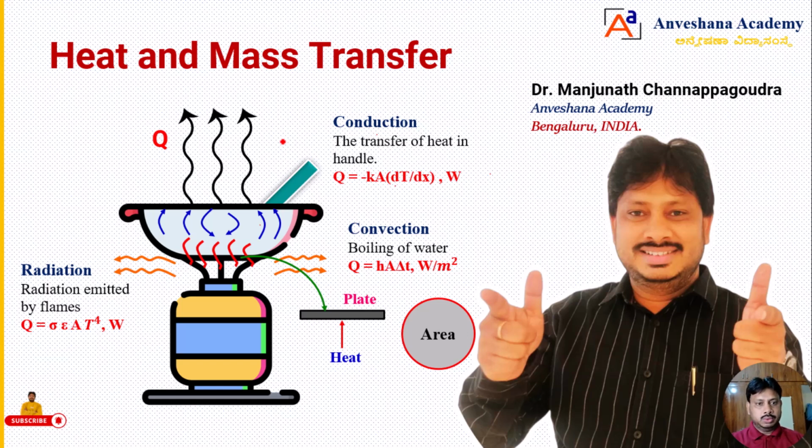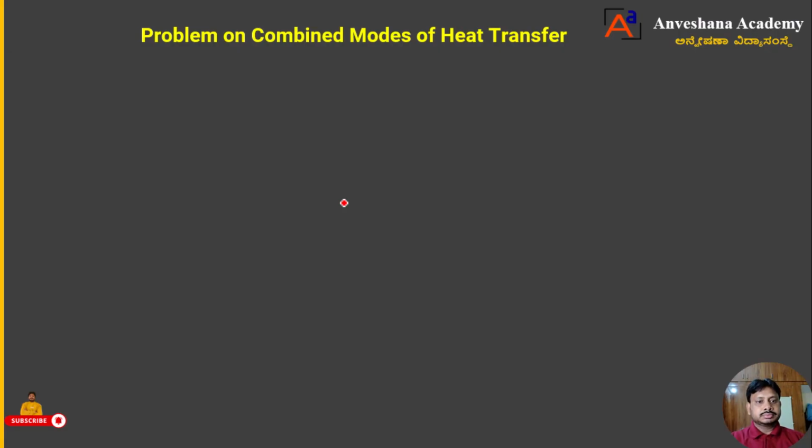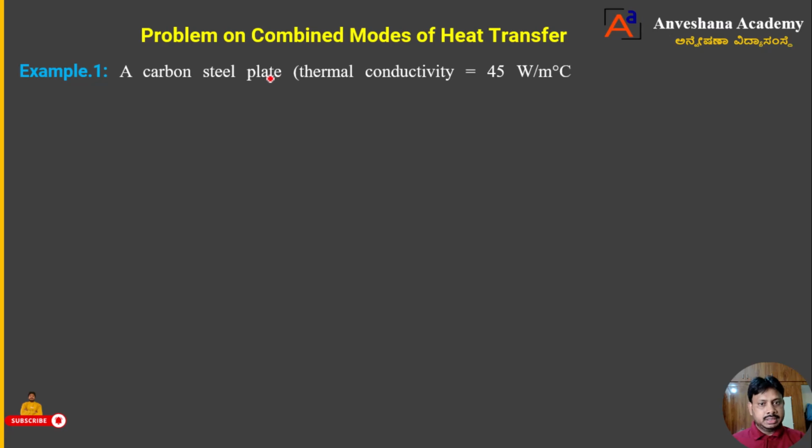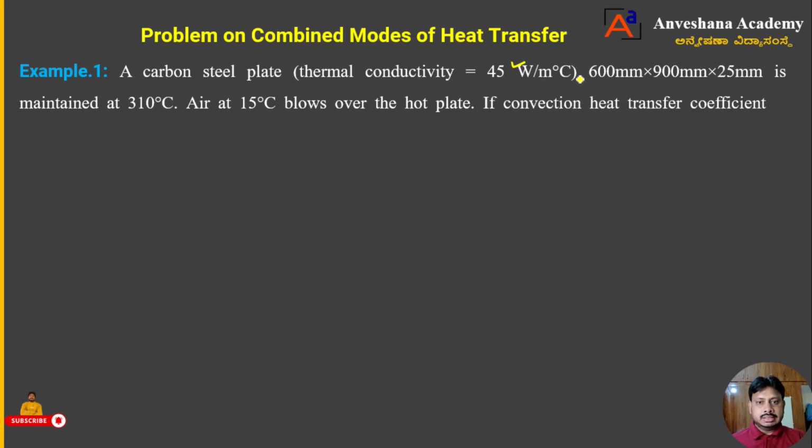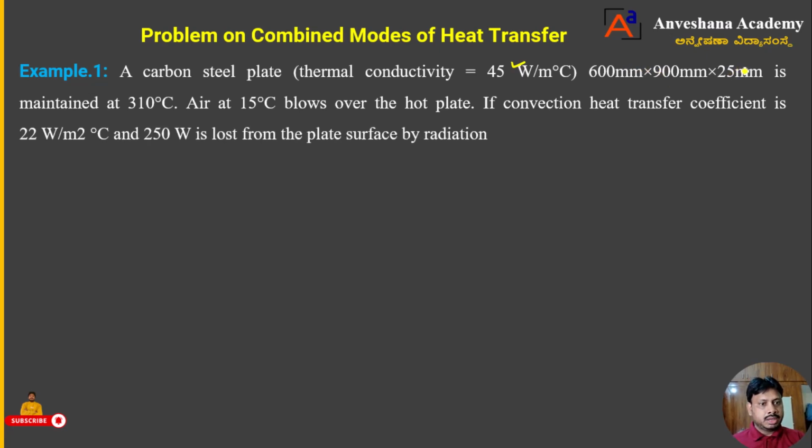I want to solve one numerical on combined mode of heat transfer, dear students. So, one problem on combined mode of heat transfer. There is a carbon steel plate which is having thermal conductivity of 45 watt per meter degree Celsius and which is having a size of 600 mm into 900 mm into 25 mm, is maintained at 310 degrees Celsius.